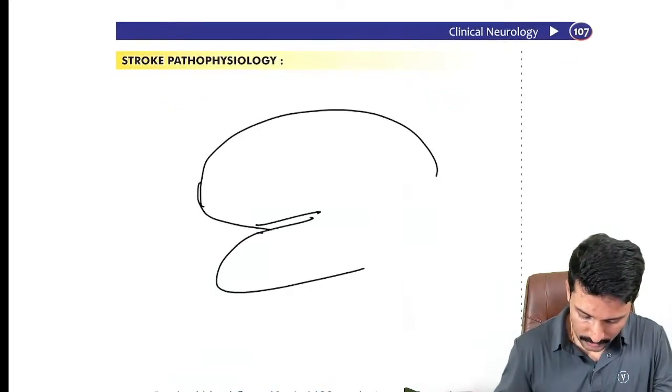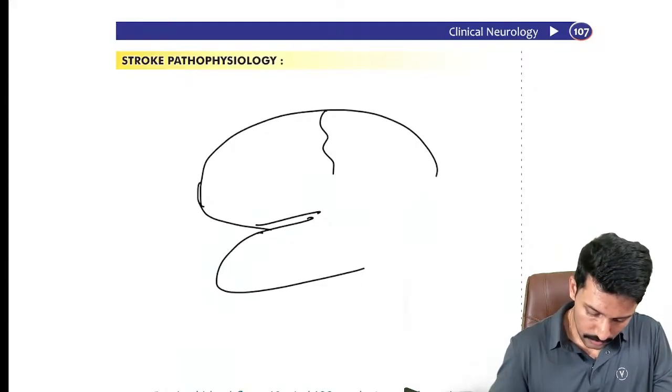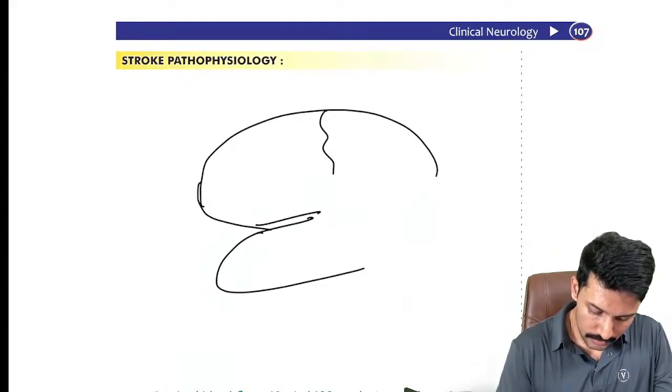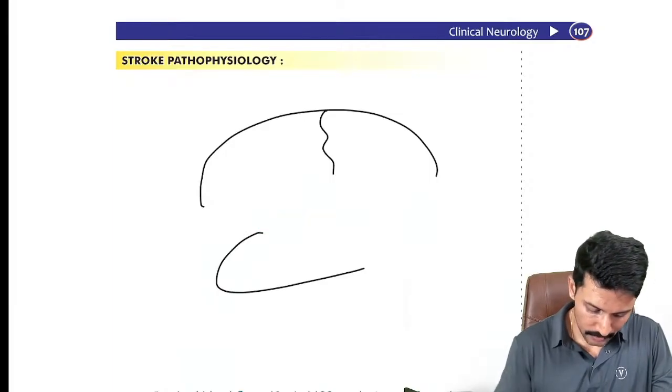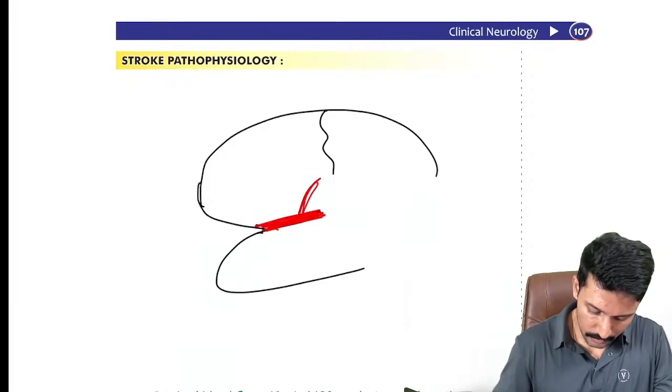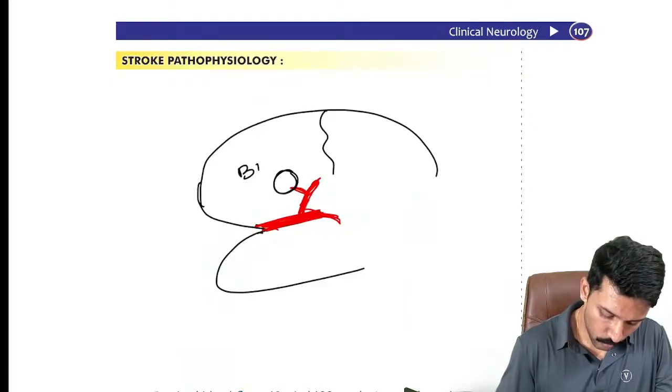Let us say we are looking at one particular case of stroke, where the superior division of the middle cerebral artery is occluded. The middle cerebral artery has a superior division and an inferior division. This superior division gives blood supply to two major structures: one is Broca's area, the other is the motor area.